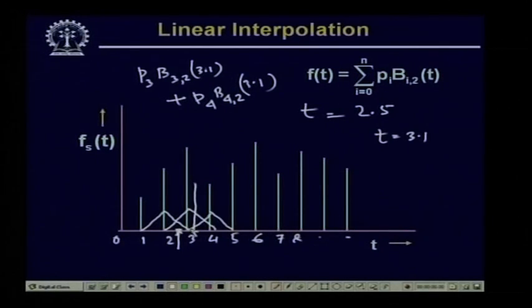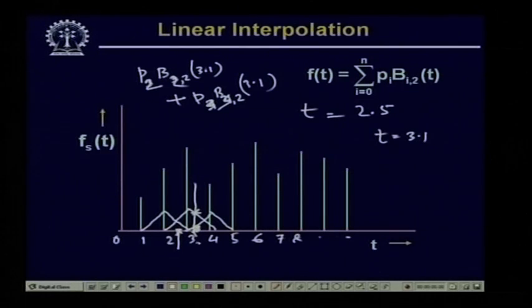Now, find that the weight of this P 3 is given by only this much, whereas the weight of this will be P 2 B 22 and P 3 B 32. So, the weight of P 2 is given by this value, whereas the weight of P 3 is given by this value.